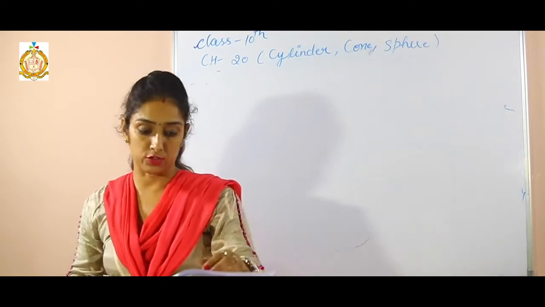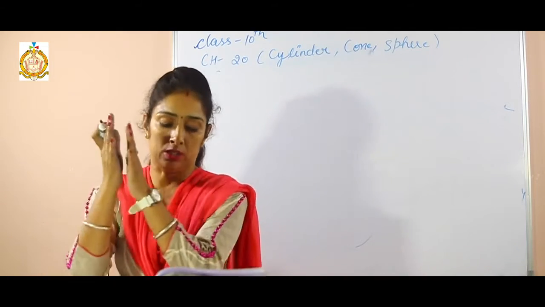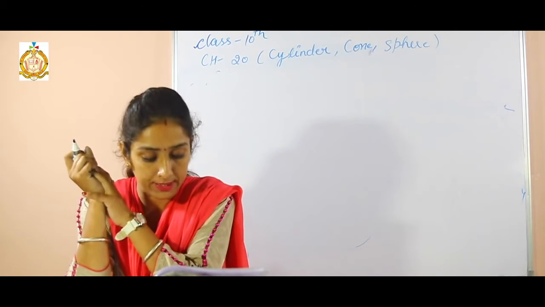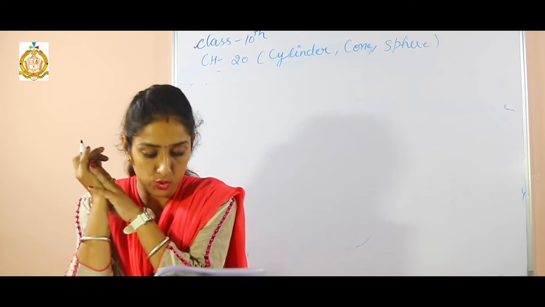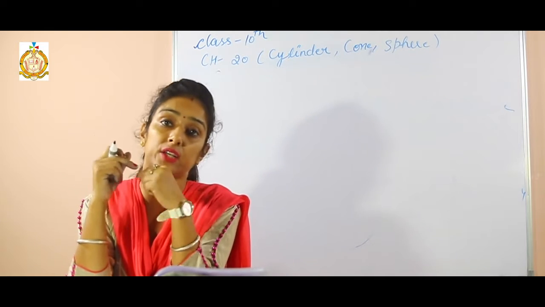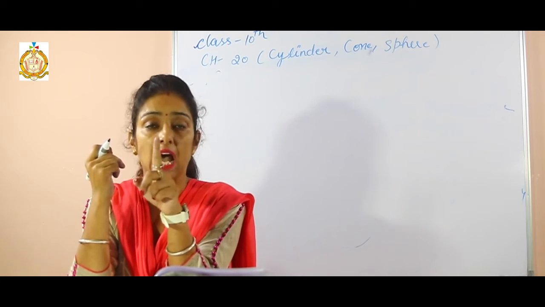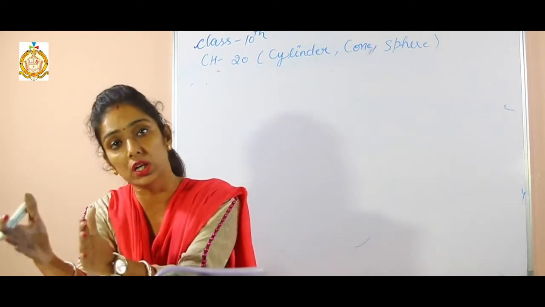Now students, conversion of solids. Question 20D: A hollow sphere of internal and external diameter 4 cm and 8 cm respectively is melted into a cone. So we have a hollow sphere and it is melted into a cone.